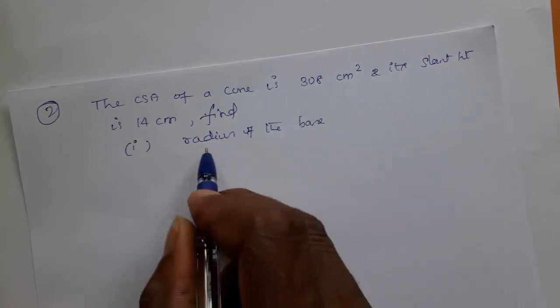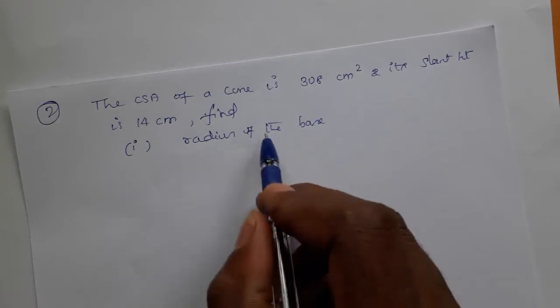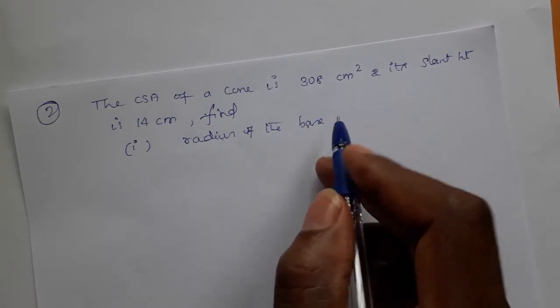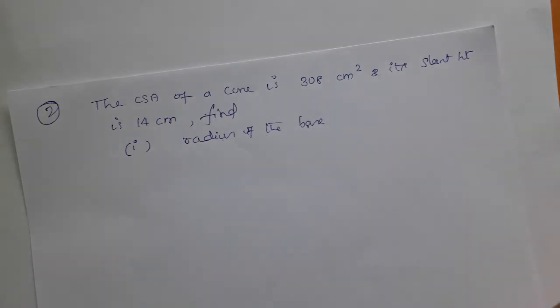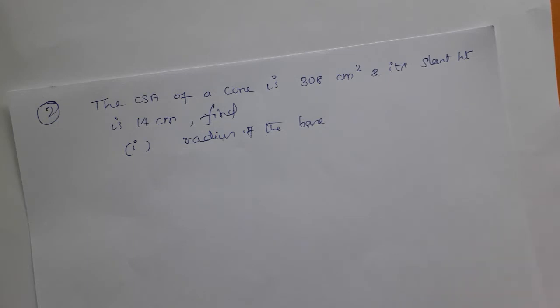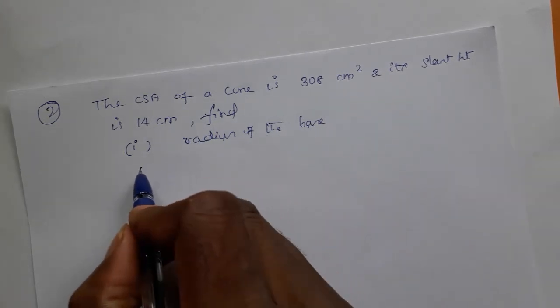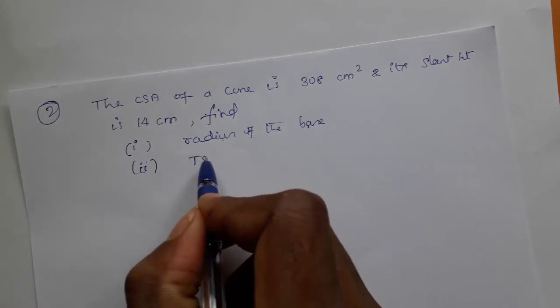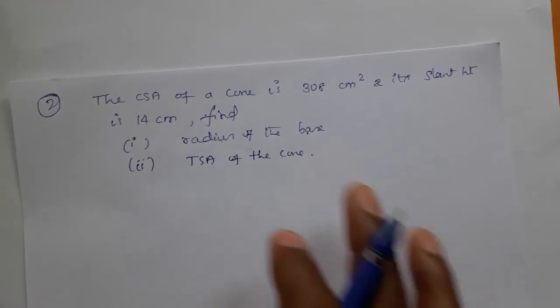Don't get confused, base of the cone is always a circle. Radius of the base is nothing but the radius of the circle. In cone and cylinder, the base is a circle only. Second question, total surface area of the cone. These two are the sub questions.